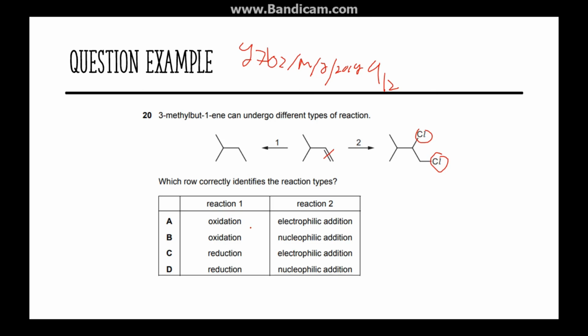In the first reaction, the double bond breaks and then forms a single bond. This reaction is called reduction, as the double bond breaks and then forms a single bond. Hence, the answer to this question is C.